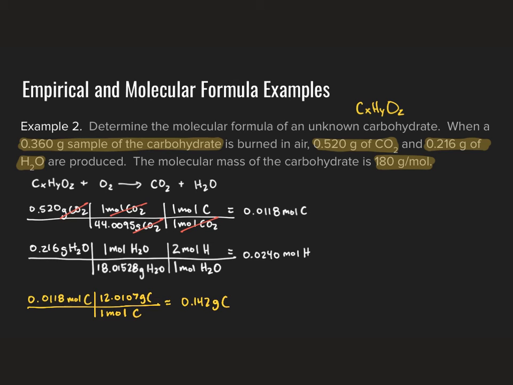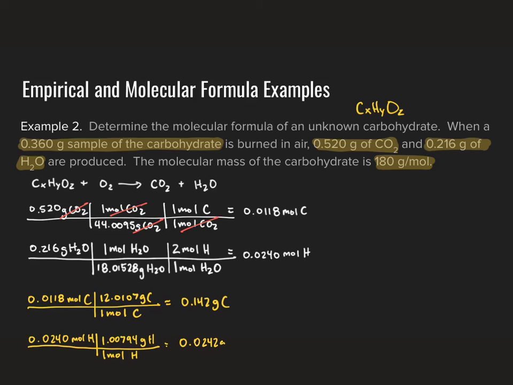I can do the exact same calculation for the hydrogen. In my water molecules, there were 0.0240 moles of hydrogen present, and per 1 mole of hydrogen, there is a mass of 1.00794 grams of hydrogen off your periodic table. That tells me that in this system, there are 0.0242 grams of hydrogen present.